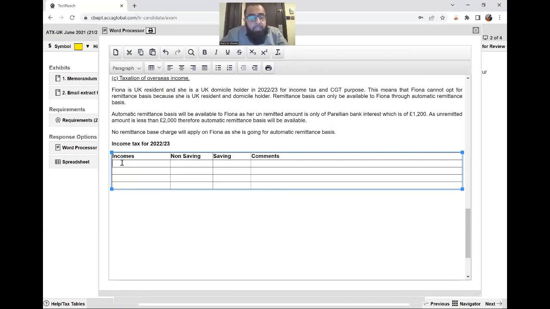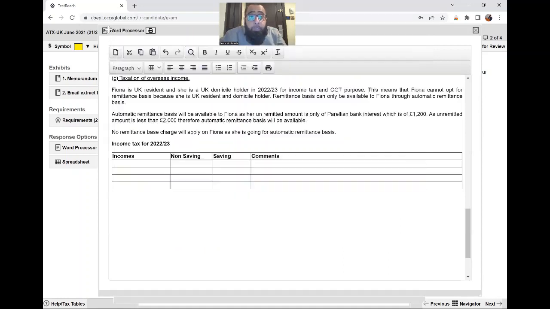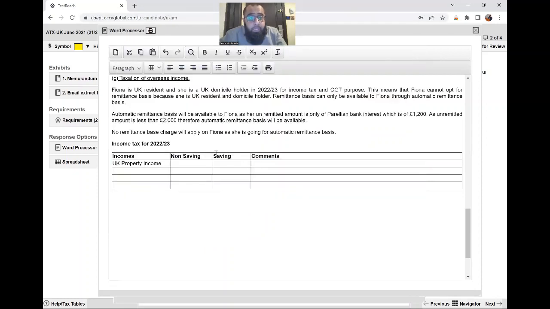Now, the income, what are the incomes she have? She has property income from property situated in UK. UK property income. What is the amount of UK property income? It's 26,000. Okay. There is no need to add any comment. Parallel property income.